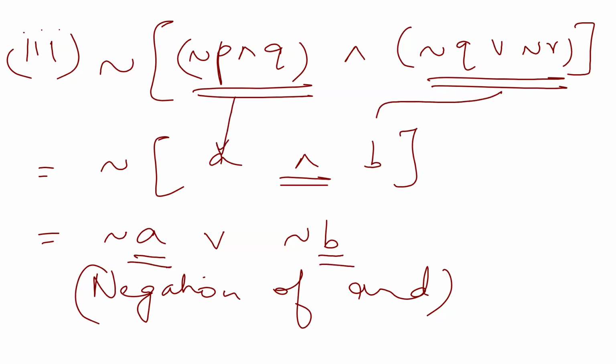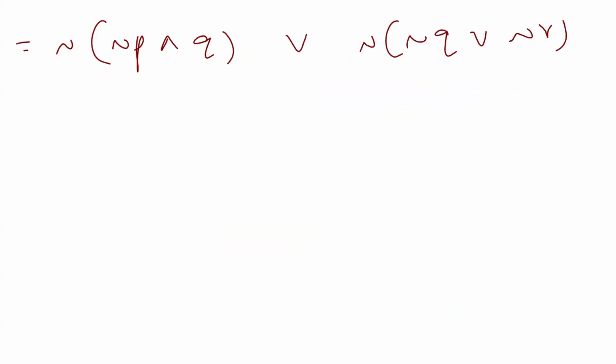See. Now take this negation over here. तो पहले ब्रैकेट में negation of and हो जाएगा. And का बनेगा और.